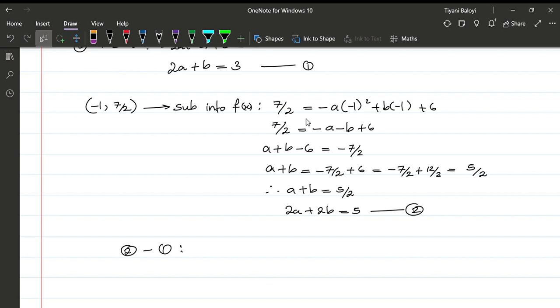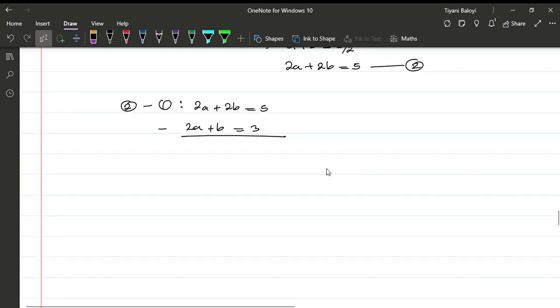So you will have what? 2a plus 2b is equal to 5, and then you have minus 2a plus b is equal to 3, and then this and this cancel out because they're the same, so you get 0, and this and this, you get b is equal to 2, right?